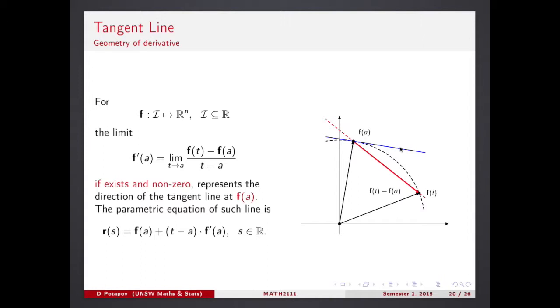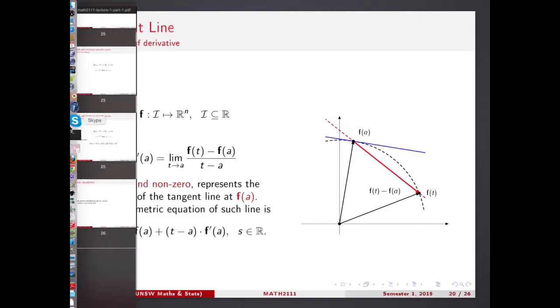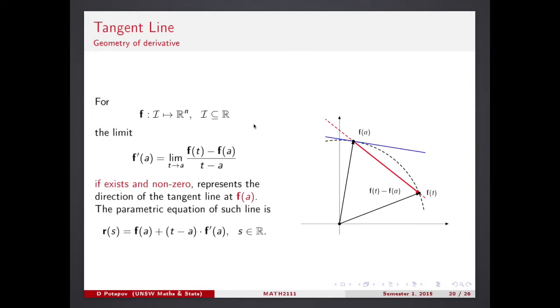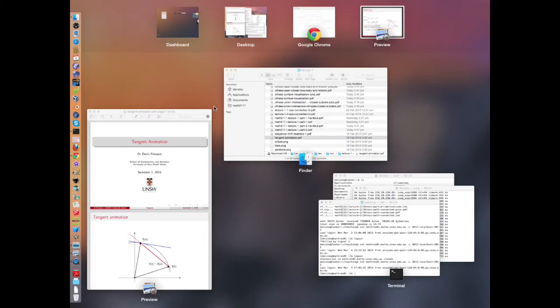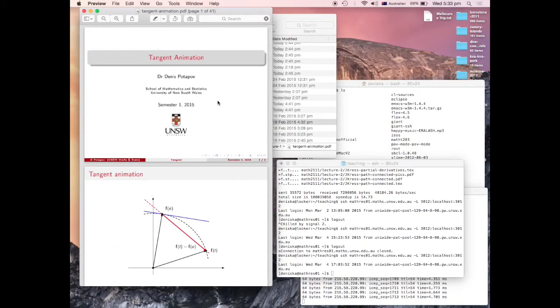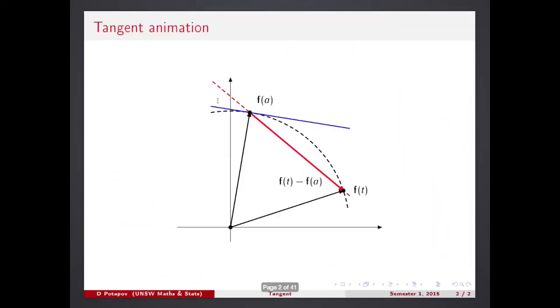So geometrically, you can use this number, which you can compute algebraically by using the preceding two theorems, to calculate numerically the tangent line to the curve given by the function f. I put some effort into animating this movement of the point t to the point a. Look at this. It's the same diagram.